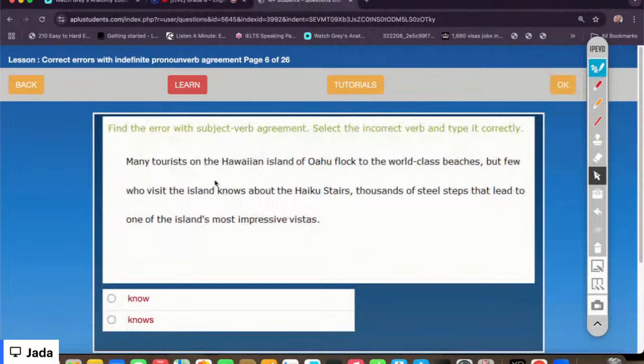Many tourists of the Hawaiian island of Oahu flock to the world class beaches, but few who visit the island know about the Haiku stairs, thousands of steel steps that lead to one of the island's most impressive vistas. So, no or knows, what do you think?